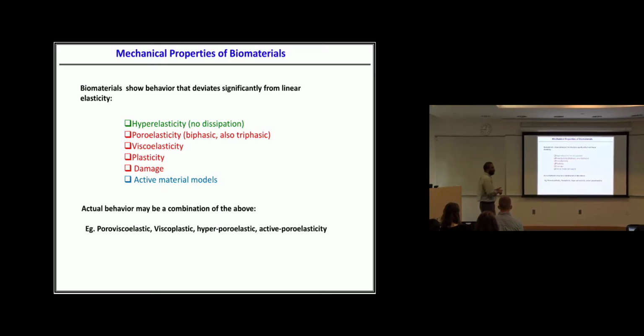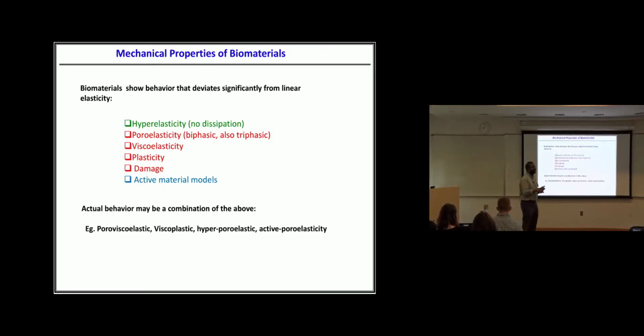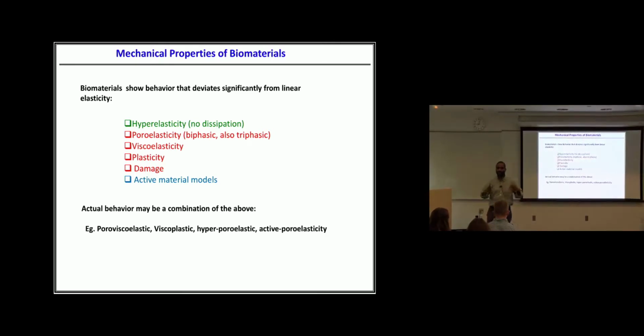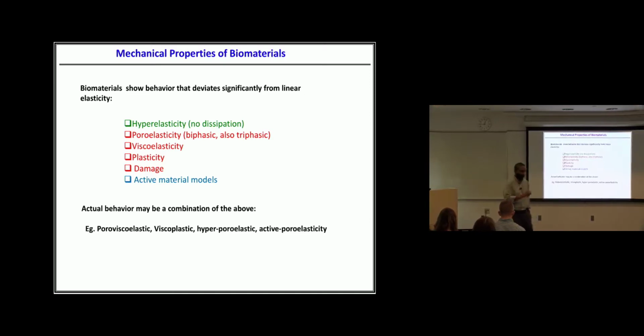And the goal is, number one, to understand the basic fundamental physics: why you get this sort of deviation, and what is characteristic of a certain class of material. And then secondly, in a very cursory way, I'm going to look at the mathematics behind it also. If you have questions about math, we can talk about that later, but I want to emphasize the physics aspects more.